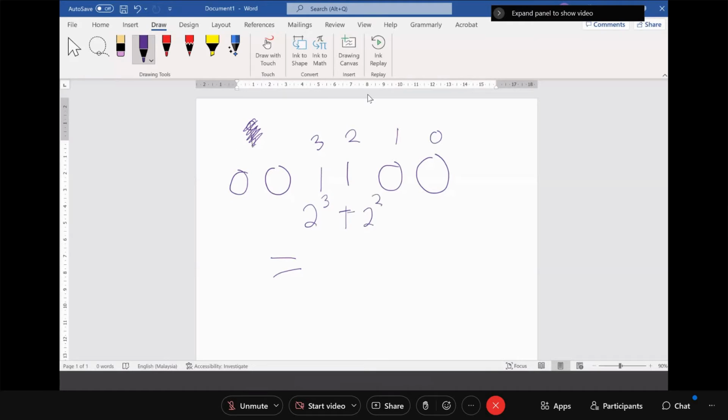So to the power of 3, jawapan dia berapa? 8 tambah 4, then you get 12. Macam ni je. Ni kalau you dah hafal, you tak payahlah buat satu-satu kan. So you must know the position sahaja. Okay, you must know its position.